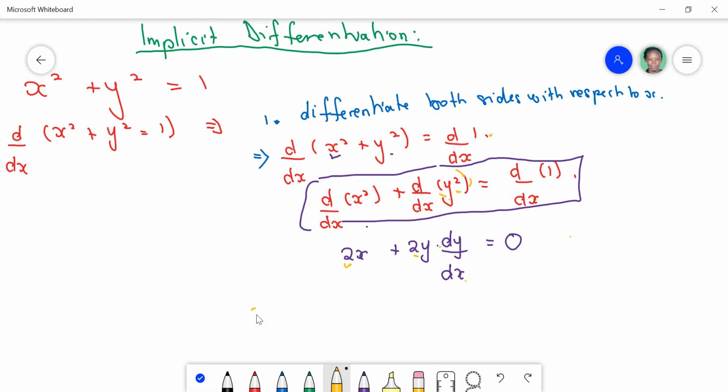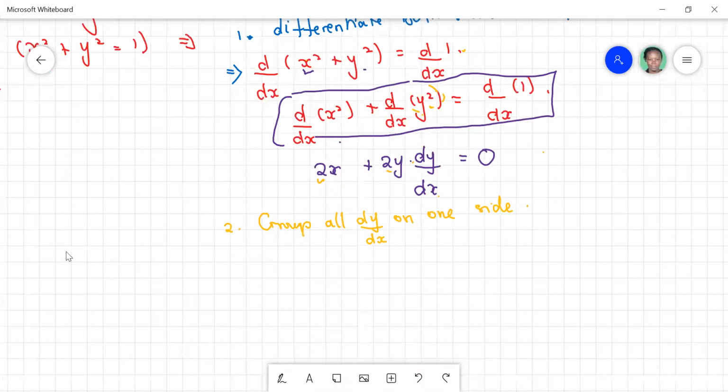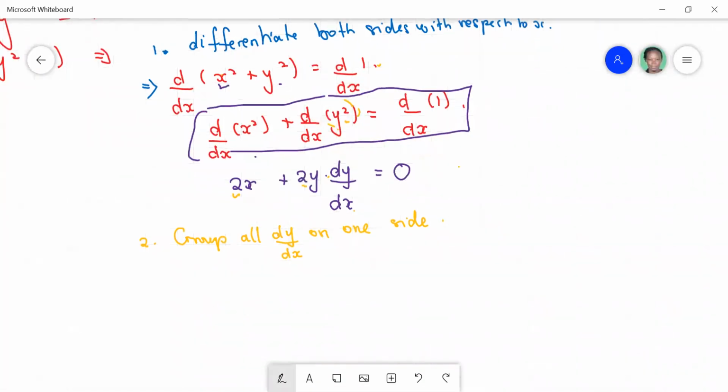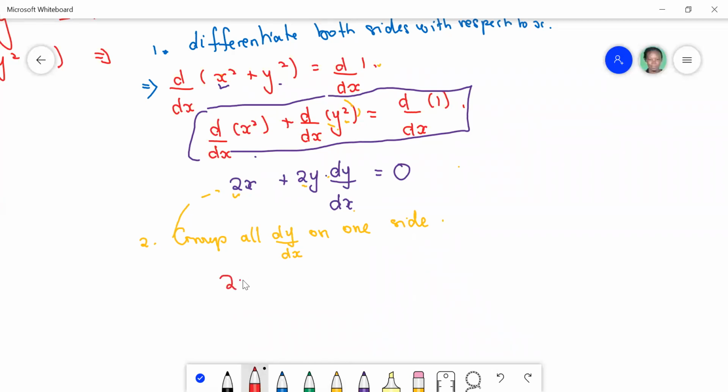Then the next step, you group all dy/dx on one side. So from here, what do I have? I have 2x.